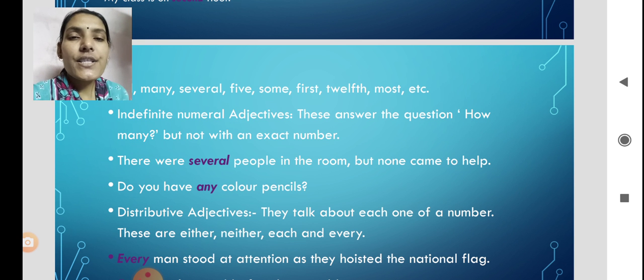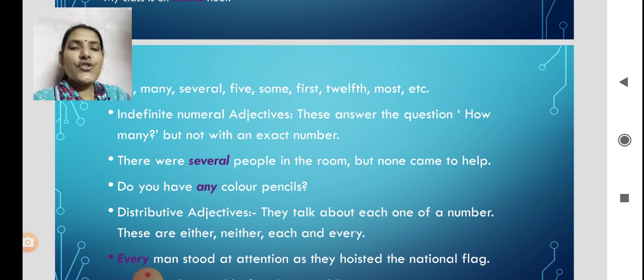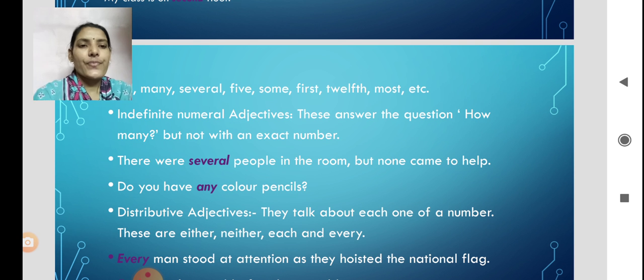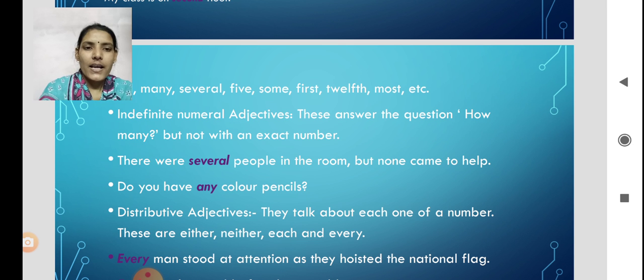Distributive adjectives. They talk about each one of a number. These are either, neither, each and every.